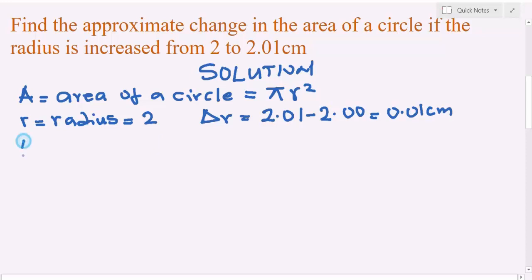And delta A, this is the approximate change in the area.